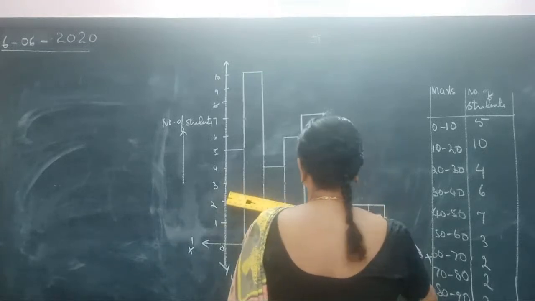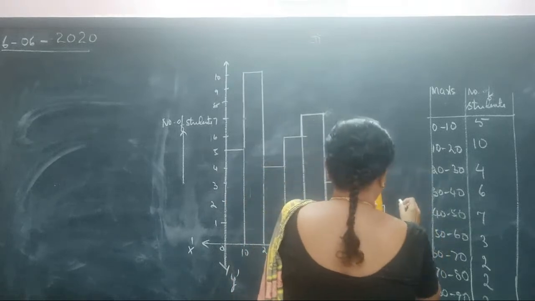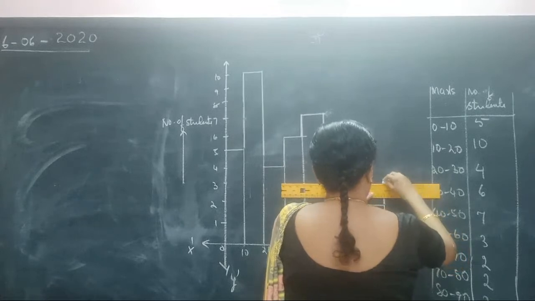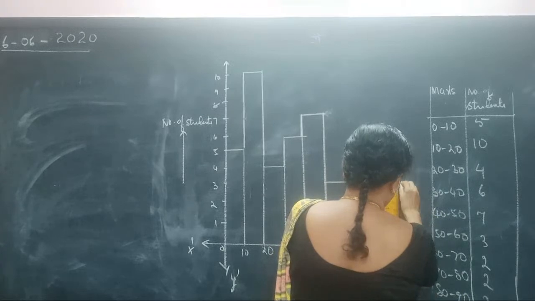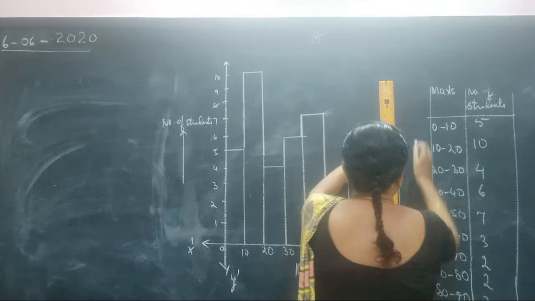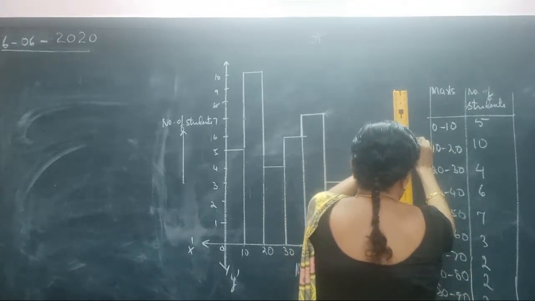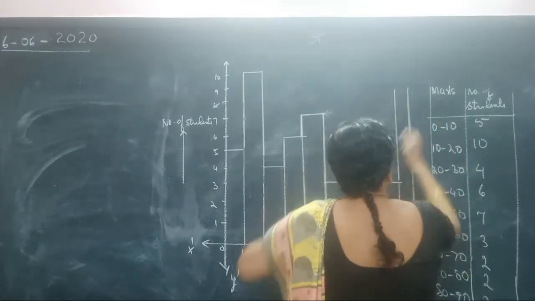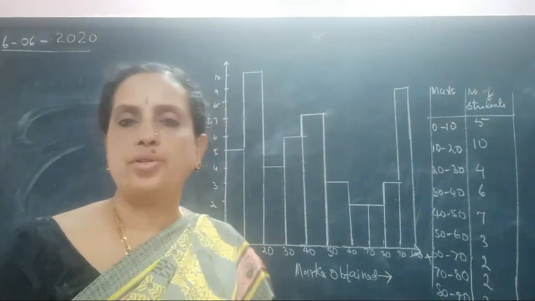Finally, it is 3 and 9. So this is the histogram.